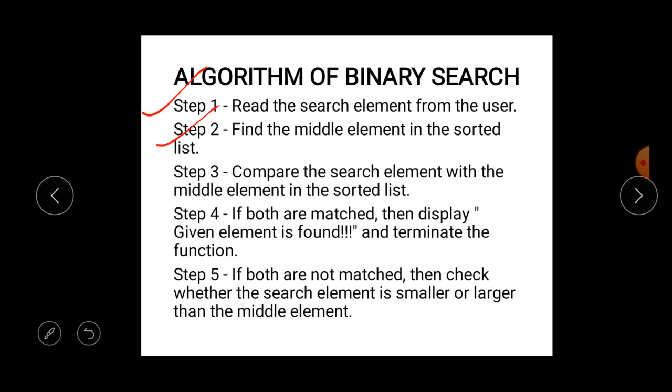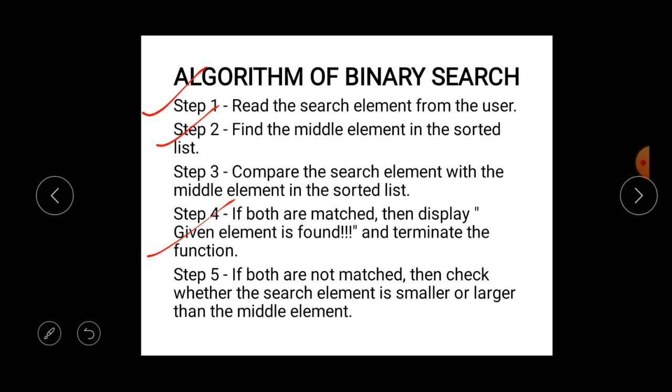And if the middle element is equal to the element to be searched, then the search is successful, and then simply display that the given element is found and terminate the function or the program.